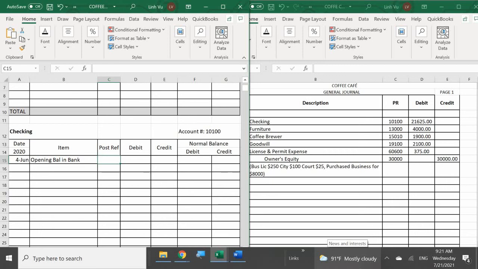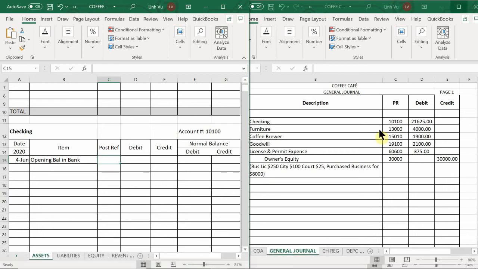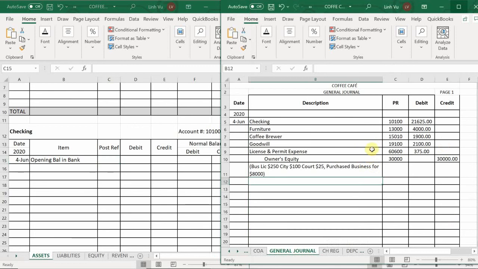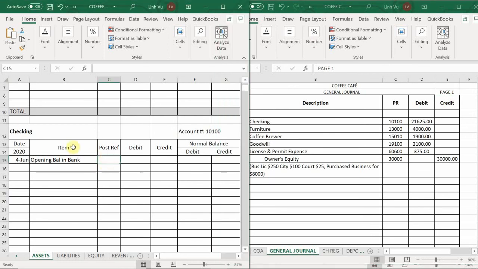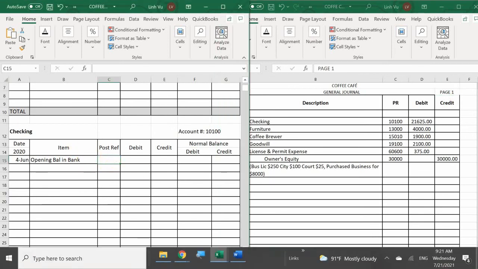In this case, as we talked about the general journal, at the very top corner, it is page 1. We're on our very first page in our general journal. So my post reference is going to be GJ for general journal, page number 1. So then I know that this transaction happened on my very first page in the general journal.